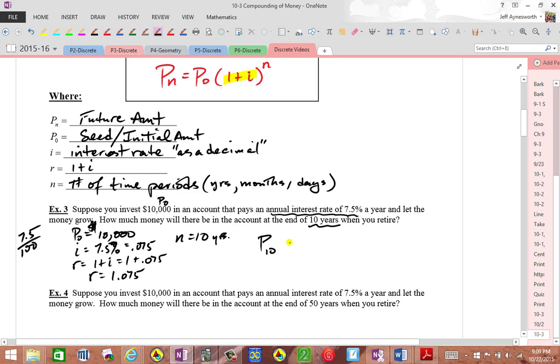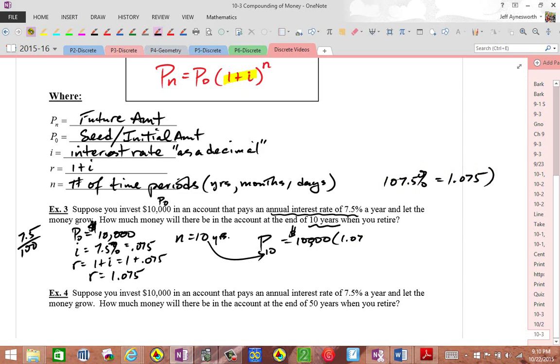We'll call that P of 10, where N stands for 10 years. That's going to be equal to our initial amount, $10,000, times our growth factor, which is 100% plus 7.5%, which is 107.5%, which is equal to 1.075.